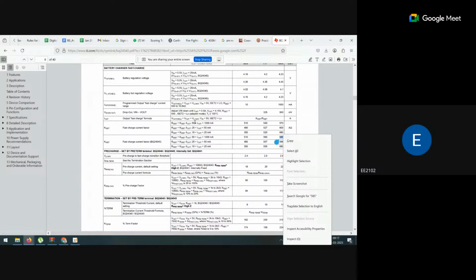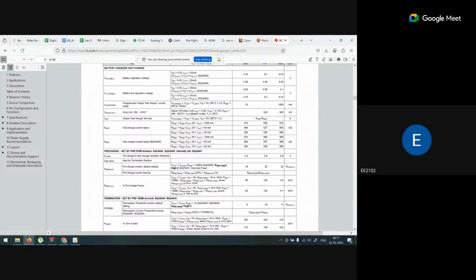If it is 25 to 50 milliampere, it is 480, 557, and 596. And if it is 10 to 25 milliampere, it is 350, 555, and 60. So these are the values.